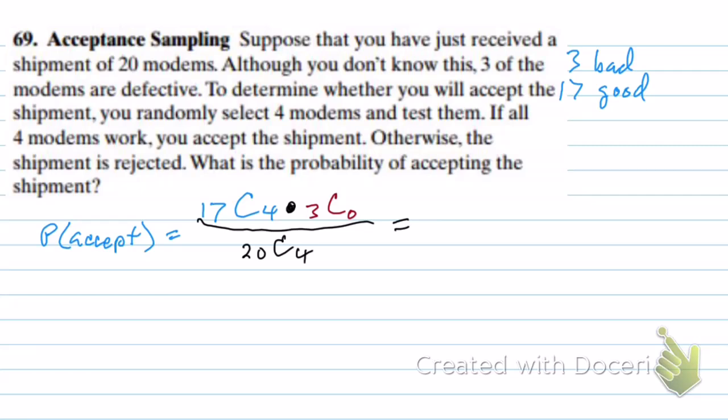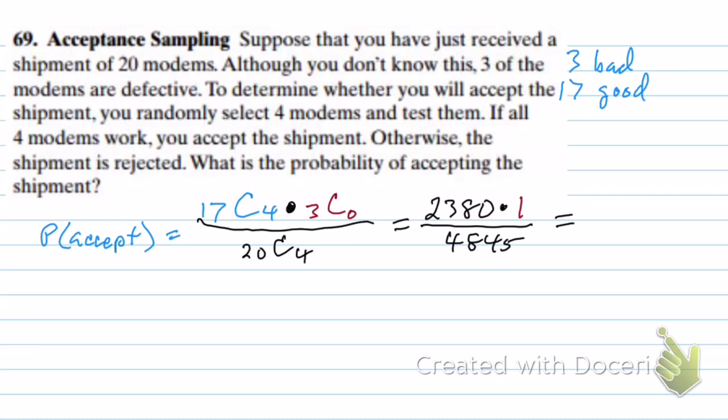Okay, so let's put some numbers with this. When I work it out, I'm getting 2380. That's my 17 combination 4. The 1 is from the 3 combination none. And 20 combination 4 is giving me 4845.